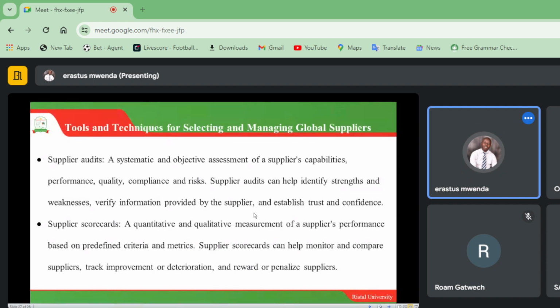Sometimes when you go to the e-commerce platforms, Alibaba and other platforms, when you buy an item, there is the rating aspect. We also have supplier scorecards where we can know who is the most celebrated supplier.